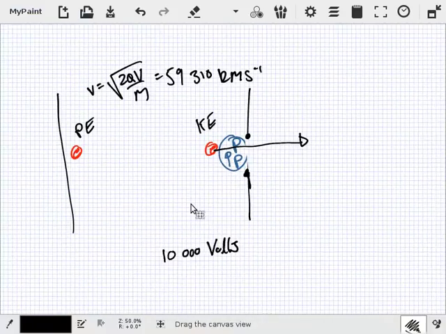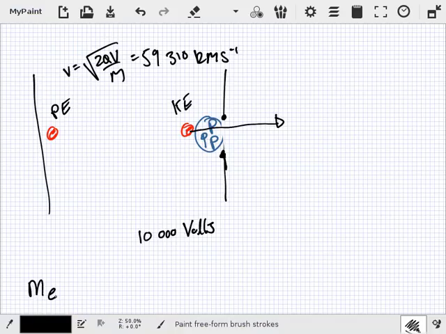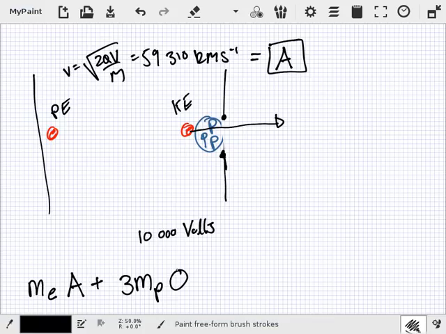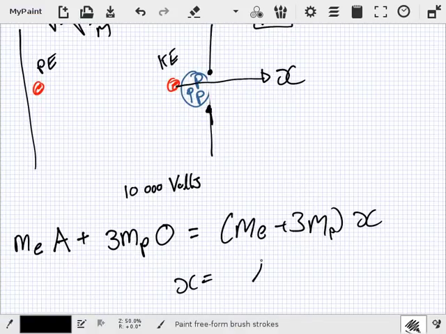So, m1 u1, which is the mass of an electron times u1, I'm not going to write this number down because it's on my calculator as A. So, m1 u1 plus m2 u2, which is 3 protons at rest, 0, equals mv, where the mass is me plus 3mp, and we'll call the velocity X. So X will be A times the electron mass, over the mass of the electron plus 3 times the mass of the proton.